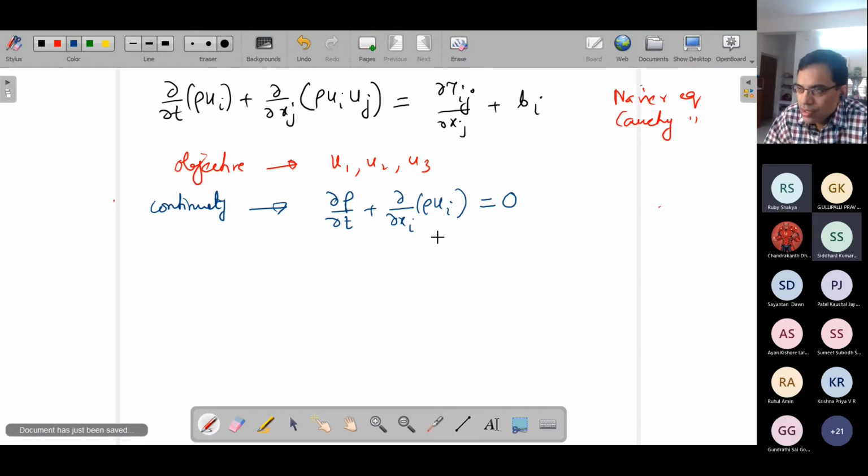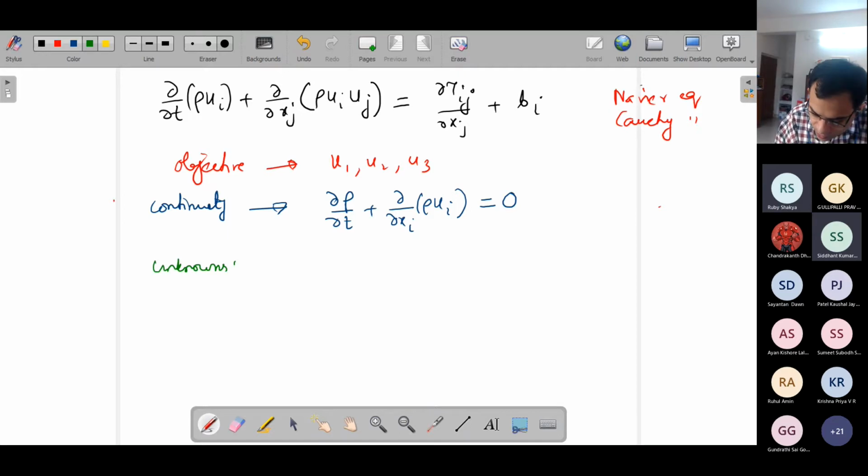Let us see now what are the unknowns and what are the equations. So the unknowns, let us talk about the most general case. The unknowns will be density. In the most general case, density may be known, may be constant, whatever, but in the most general case, it may also be unknown.